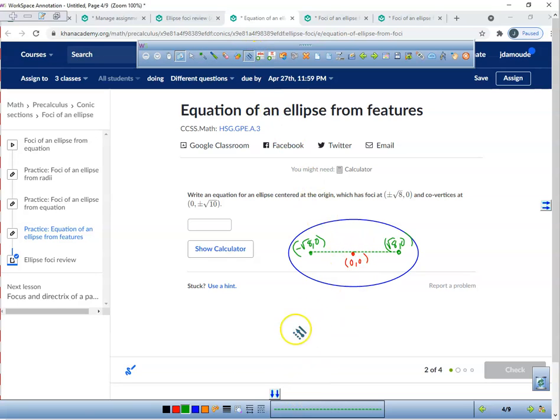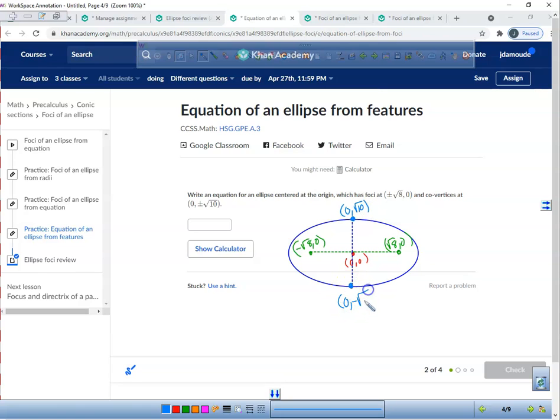And then we have from here going up and here going down, we have the co-vertices. So the co-vertices are at 0 radical 10 and 0 negative radical 10. So what does that mean? This is your b value. This is your b value. So what do you think your b squared value would equal? 10.